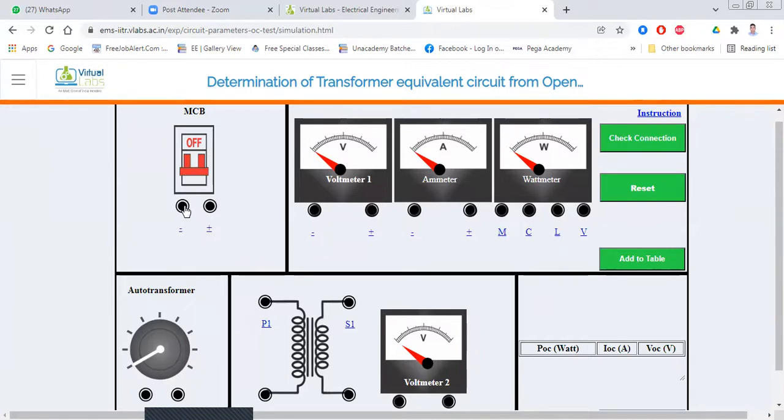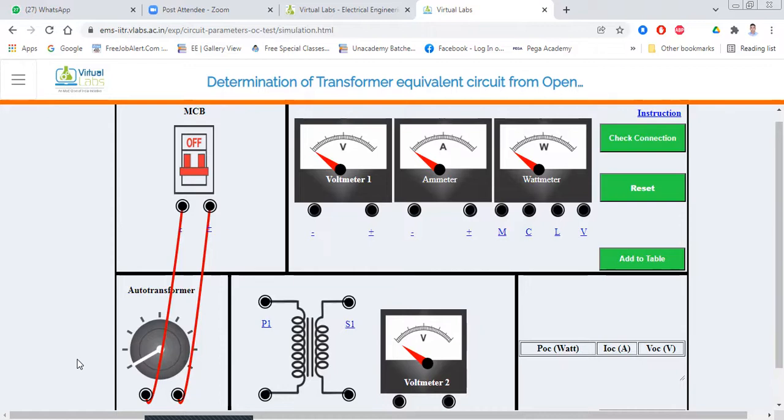Yes, sir. First, we have to give the supply to the auto transformer. We will design this as in the circuit diagram. In the circuit diagram में जैसा था हम लोग वैसे डिजाइन करेंगे. Okay. After we give the supply to the auto transformer, what do we have to do?